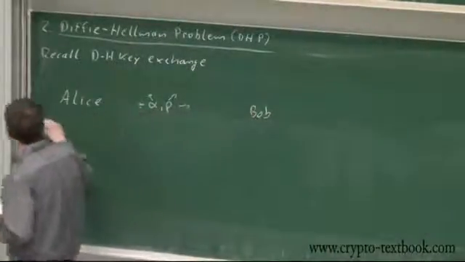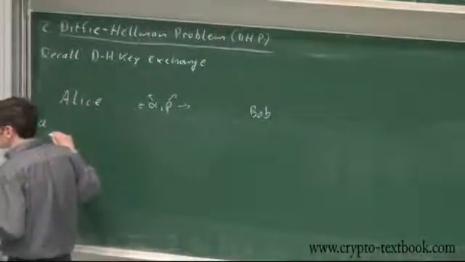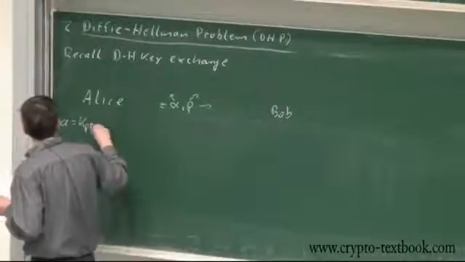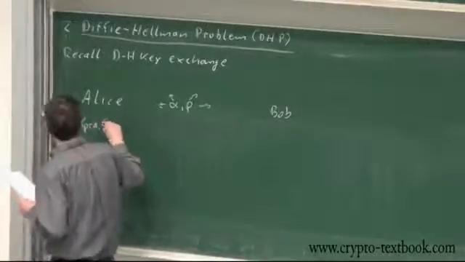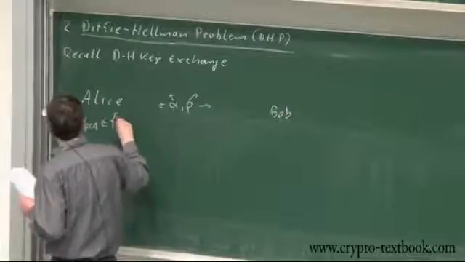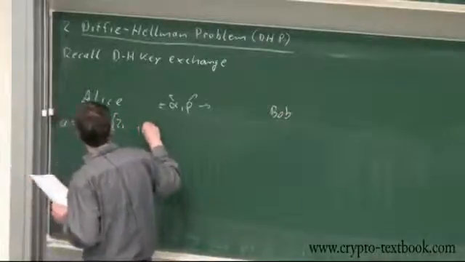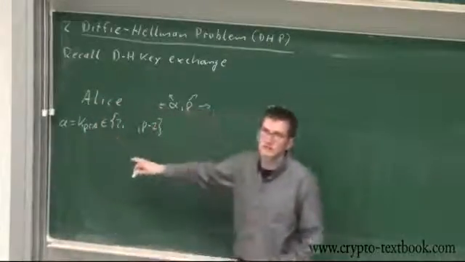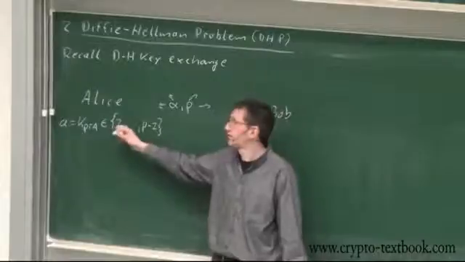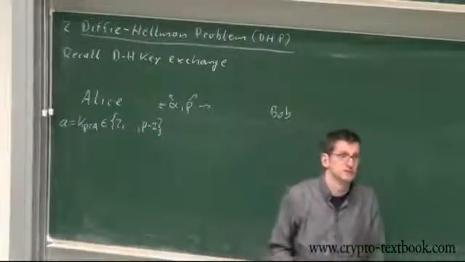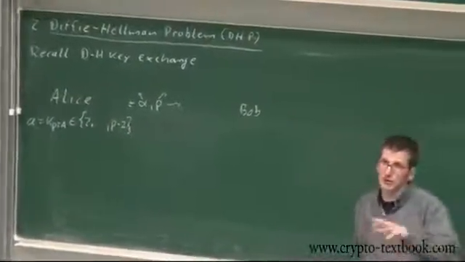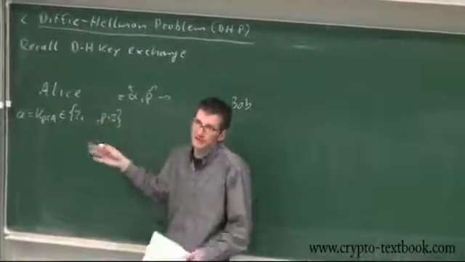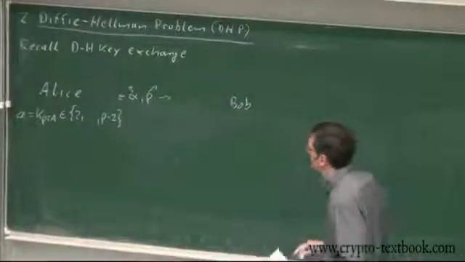Alice picks her private key, which we call lowercase a, the private key of Alice, randomly picked from the set 2, 3, 4, up to p minus 2. You can actually include 1 and p minus 1, but in practice they are kicked out, so we kick them out here too.